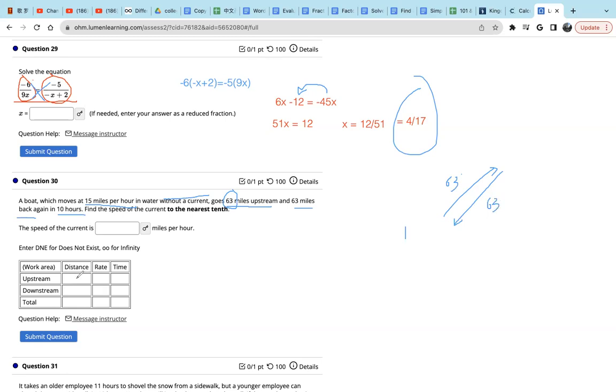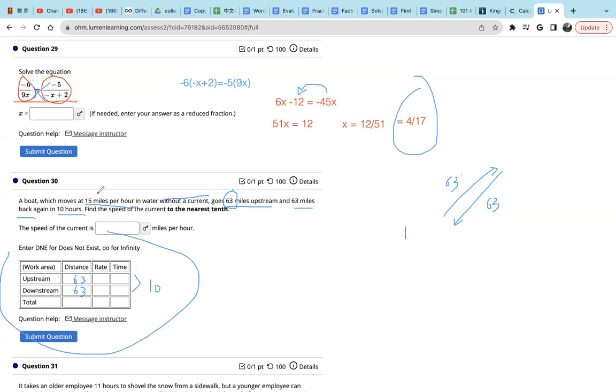We could use this one, but let's use this table. Upstream, distance 63. Total time: those two times together is 10 hours, but we don't know individually how many hours for each. And the downstream, we know the distance is also 63, and we don't know the rate.